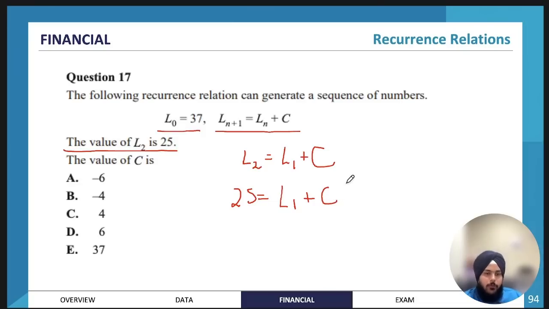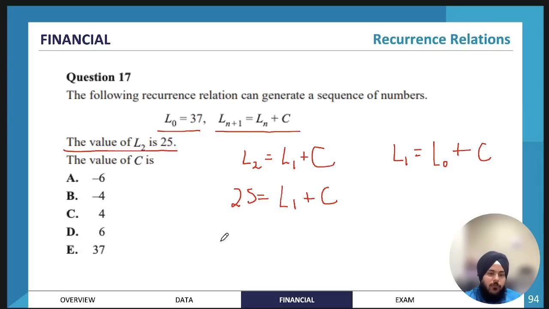And what else do we know? Well, we know that L1 is equal to L0, or the previous value, plus C. So what we are trying to determine here is what L1 will be.